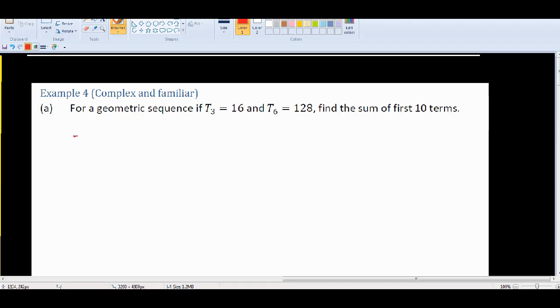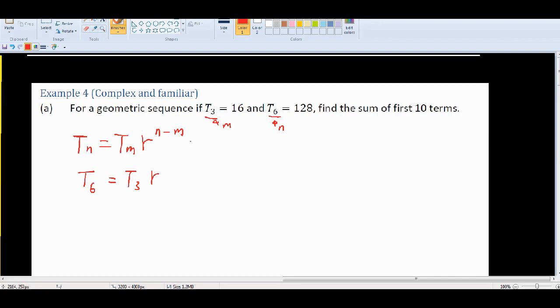If you are going to find Tn given Tm, what you need to do is to times r to the power n minus m. This one will be quite useful here because I give you T3, T6, so that 6 will be our n. Let's see what happens. Let's say n is 6 and m is 3.